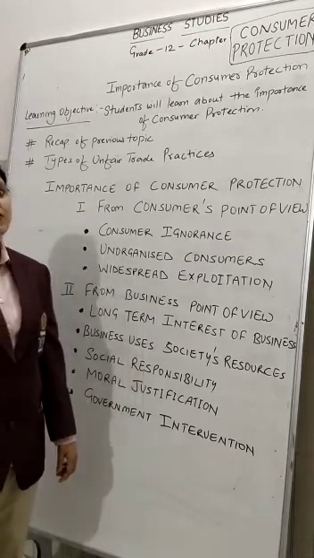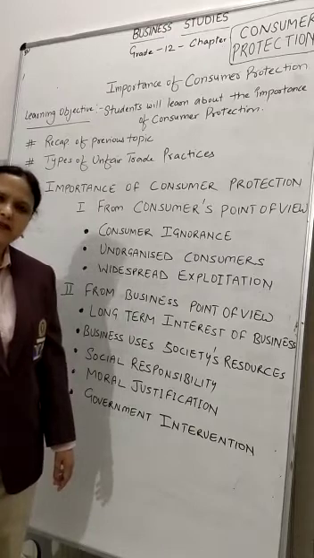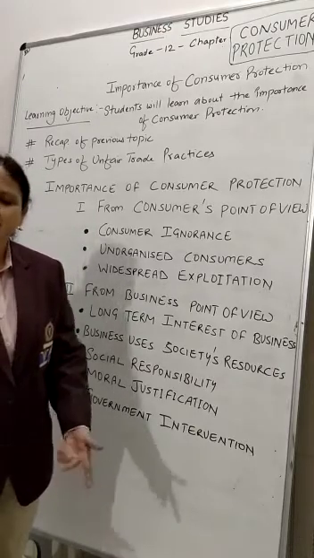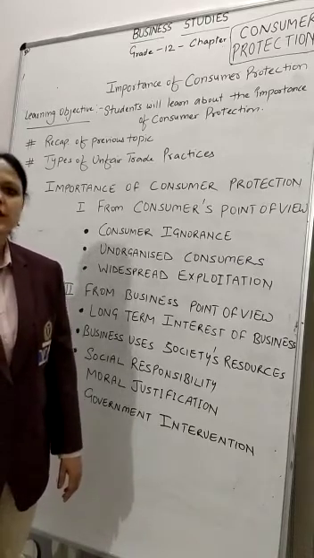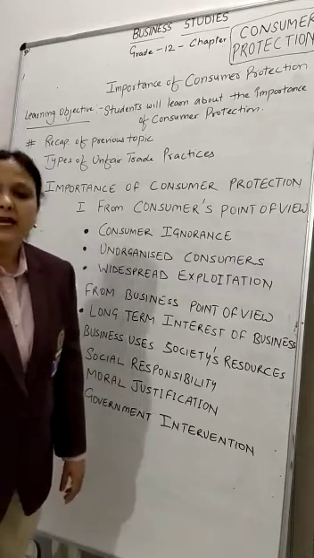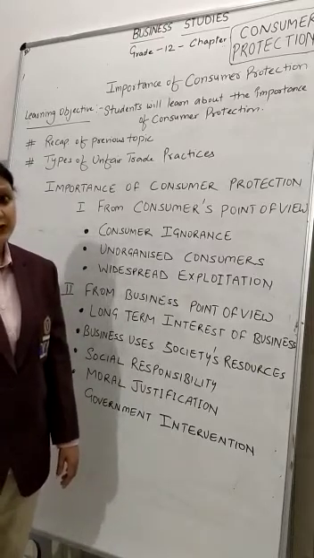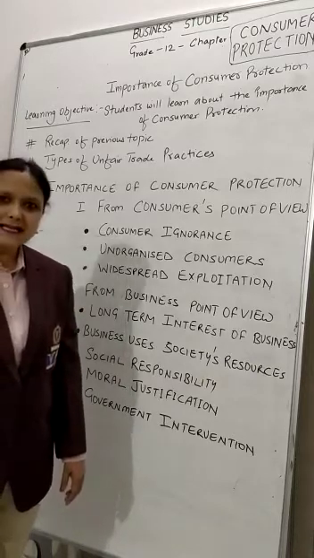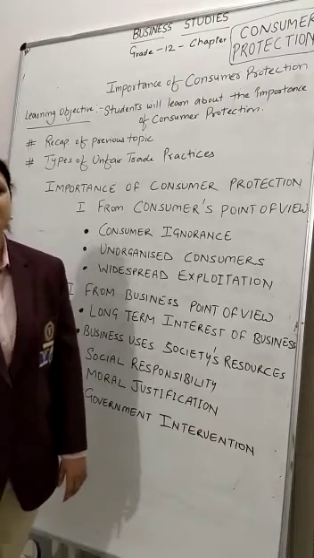So if a business doesn't want any interference of government, it is advisable to go for fair trade practices, so that the consumer will be satisfied, repeat the sale and give positive feedback to his friends.